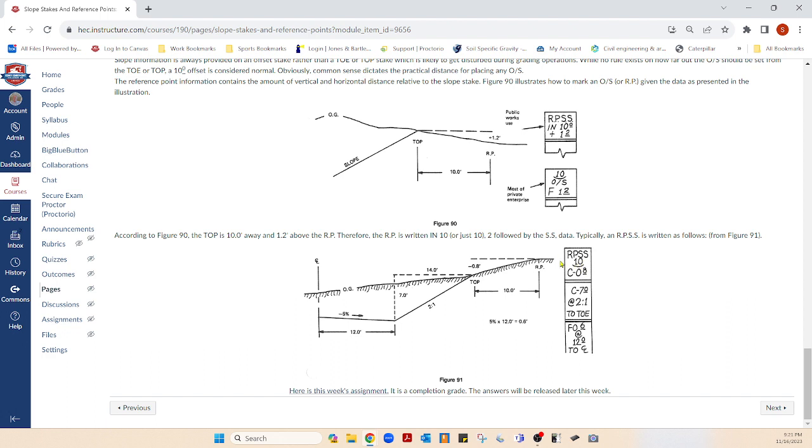That's what this is. Either going to be a circle or a little smiley thing under it, but that means 10 foot offset. So it's saying I want you to set my toe stake 10 foot away and 8/10 lower. That's the difference, that we're going out 10 and down 8/10. And then we're going to begin.